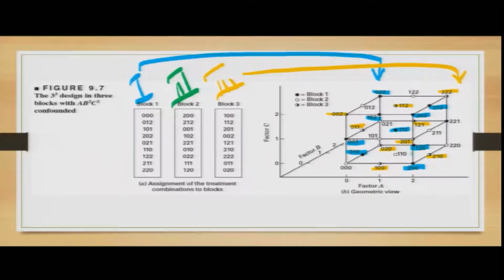So this should be highlighted with 200, green one, 212. This is also my mistake. The written one and the diagrammatic one, there is a problem, so I am trying to rectify that.